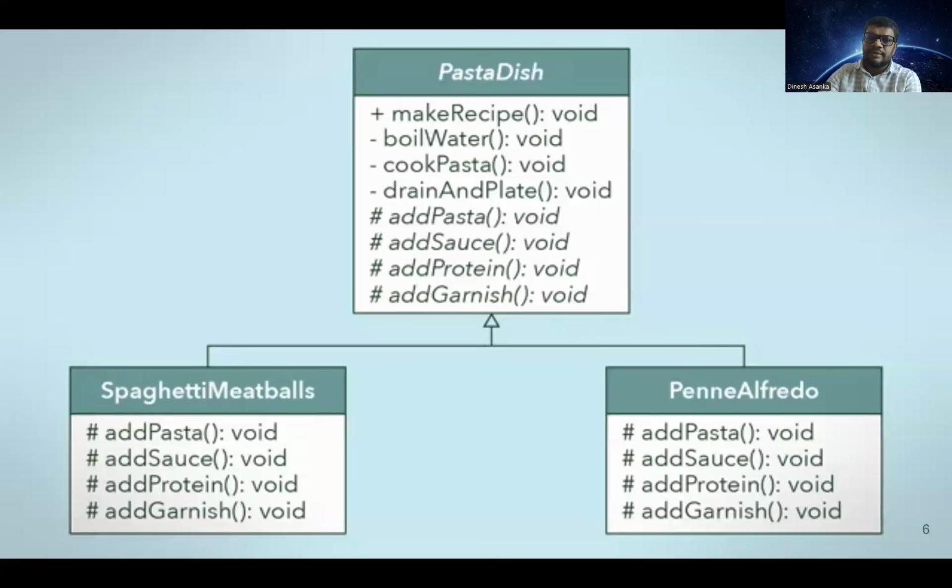In the subclasses, you are not implementing the make recipe method, boil water method, cook pasta method, drain and plate method. Whereas in this one, again, you do not implement these first four methods. Why? They are concrete methods in the superclass. So code duplication is avoided here. You don't have to duplicate the code in both subclasses.